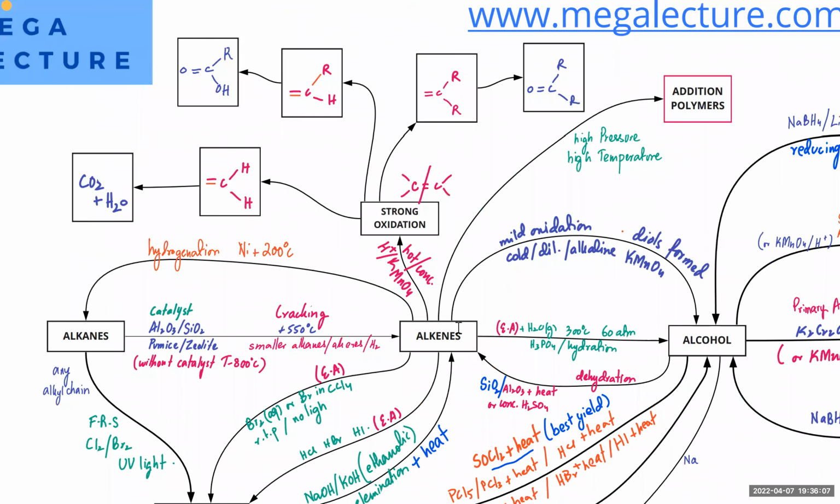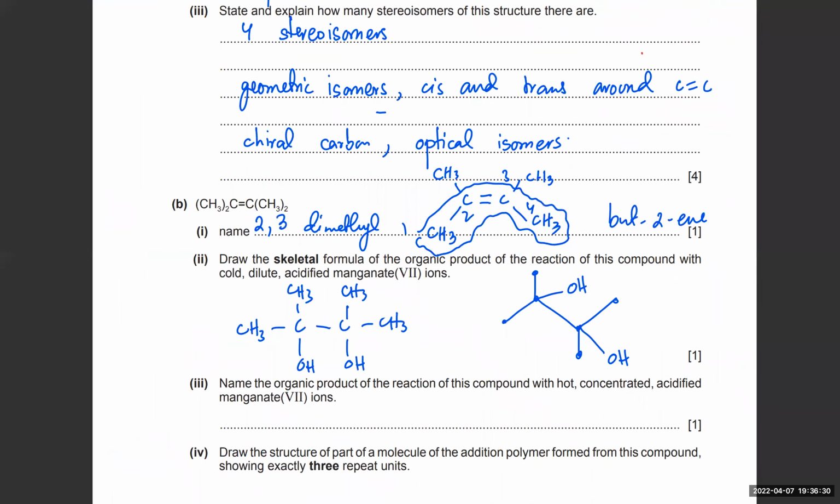When you have alkenes and you undergo hot concentrated KMnO4 oxidation, strong oxidation, the double bond breaks completely. And if the carbon atom that was part of the double bond has 2 carbon chains on it, it will turn into a ketone. So if I go back, in this molecule the double bond is going to break, and you focus on this carbon atom.